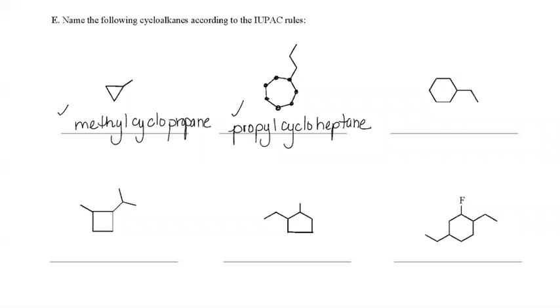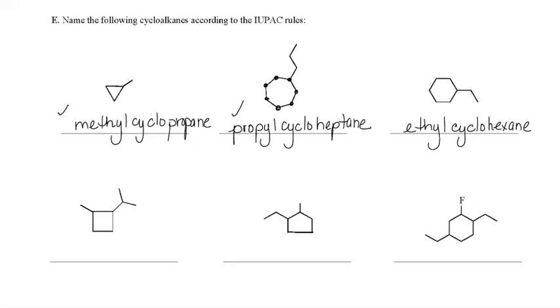What about the last one in the first row? What would be the name of that? Excellent. My substituent is an ethyl group. The ring system is a cyclohexane.